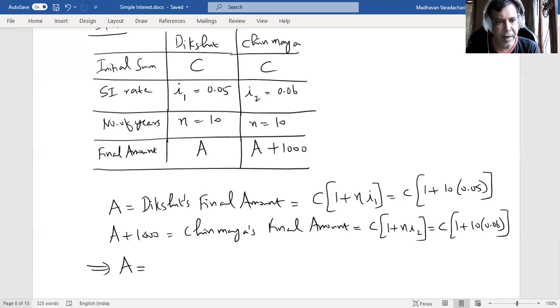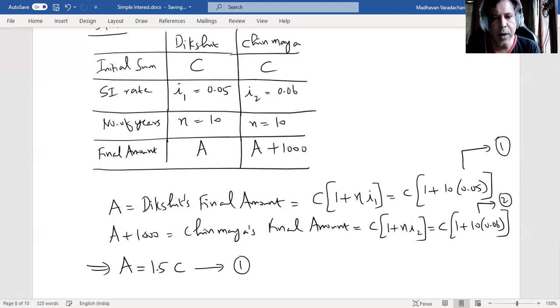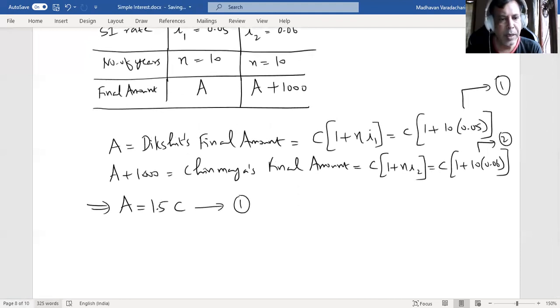It becomes 1.5 times C. If I consider this as 1, this as 2, this is actually our simplified one. Similarly, A plus 1000 is equal to 1.6 times C. This is from our 2.